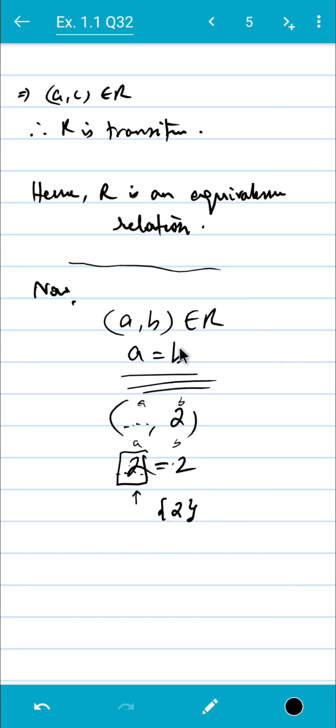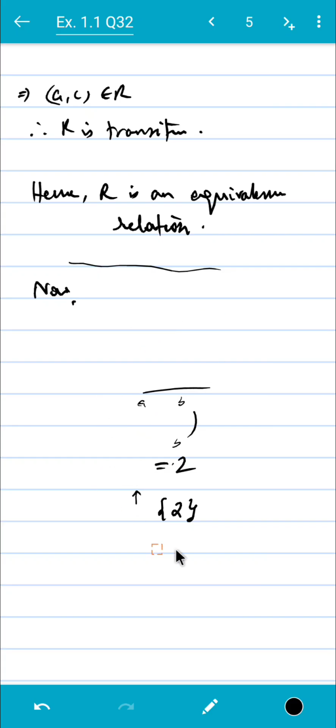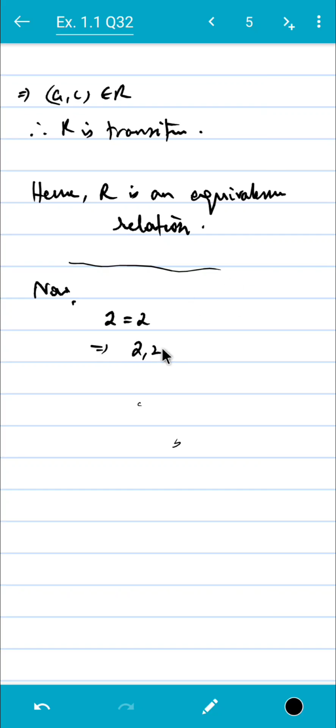Let's write down the answer. So we have here now 2 equal to 2. So this means (2, 2) belong to R only.